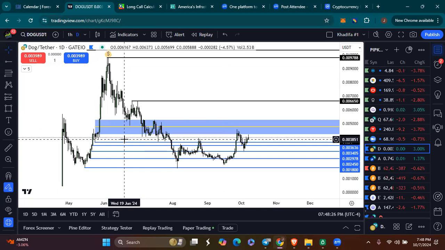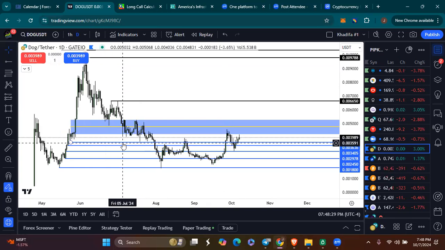Just go to Twitter and type in $DOG, and you're just gonna see an ocean of DOG go to the moon and DOG Bitcoin DOG rooms. You're gonna see just an ocean of DOG material.